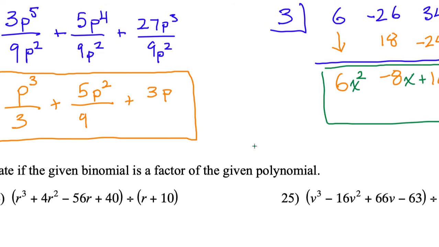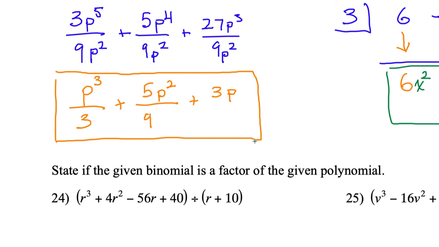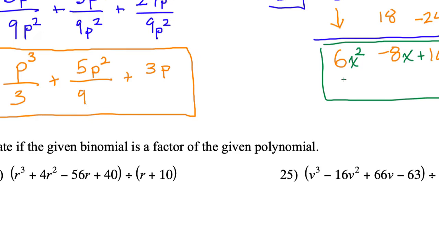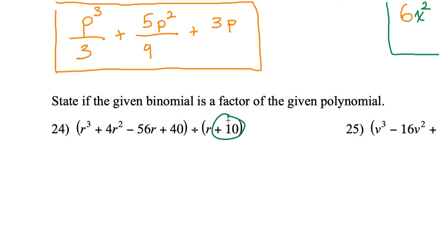In fact, there's a shortcut, and it's using, I don't even remember the name of the theorem, where it's basically saying, if I plug in the opposite, if I plug in -10 into each of these r's, and see if I get out 0 or not, that will also tell me if it is a factor. And that's the quickest way of doing this one. So yes, you could use synthetic division. It's almost the same amount of work, just slightly more work. Or I could skip a few steps and just plug in -10 to state if it is a factor.